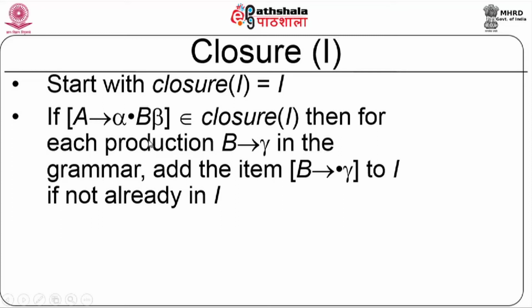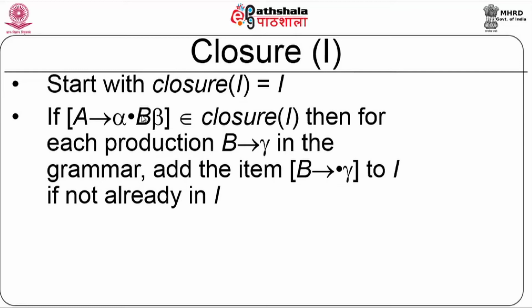Then, for each production B produces gamma in the grammar, add the item B produces dot gamma to I if it is not already in I. Meaning that you start with the initial item I, A produces alpha dot B beta. If there is a dot before a non-terminal, you add the items of that non-terminal.